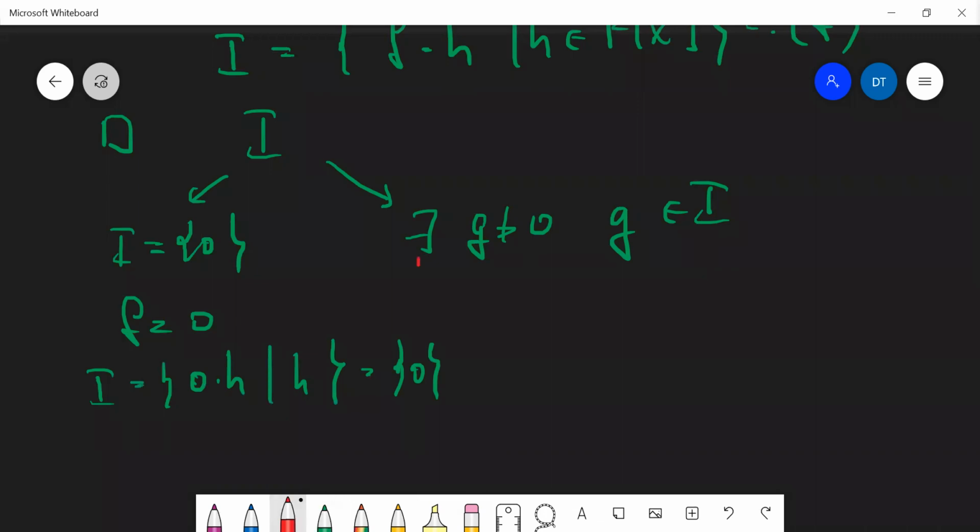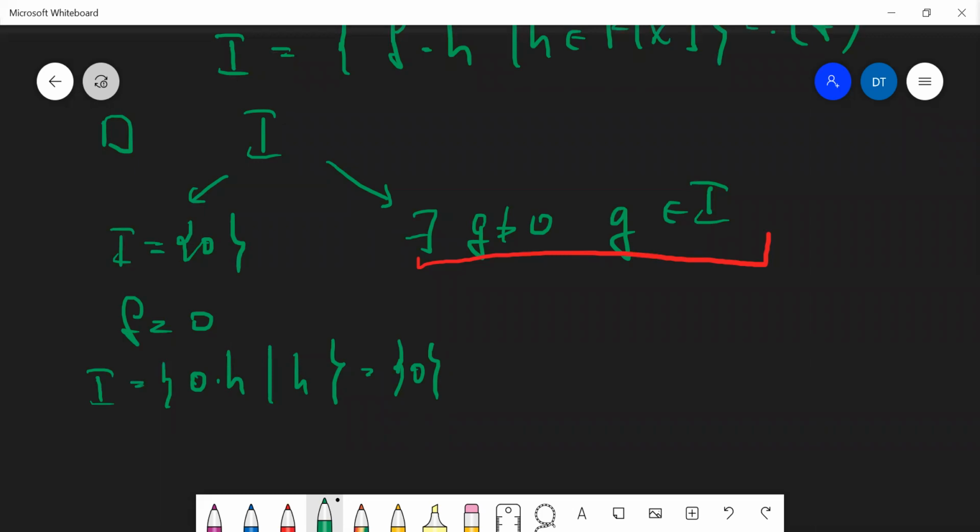Now we may switch to the second case. In this case, first of all, we need to find this specific polynomial F defining our ideal I. How can we find such a polynomial? Well, let's take a non-zero polynomial of I with the smallest possible degree.